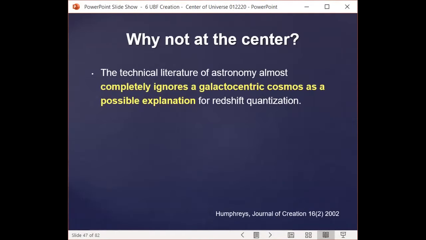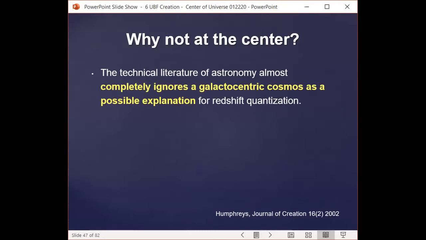The technical literature of astronomy, of course, completely ignores a galactocentric cosmos. And if I go out to the street or the field and say, hey, we are galactocentric, whatever, I'm going to be expelled. I'm going to be maybe sent to a hospital. So why? That is something that we need to discuss today.